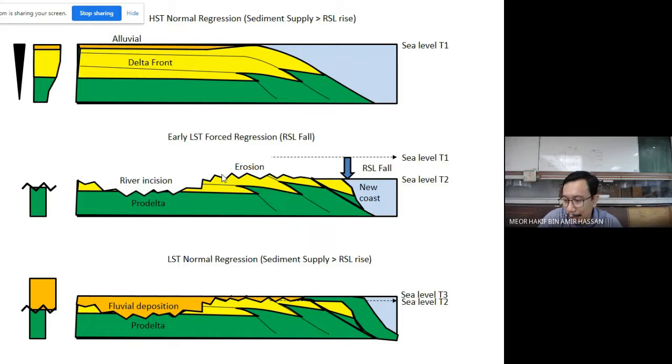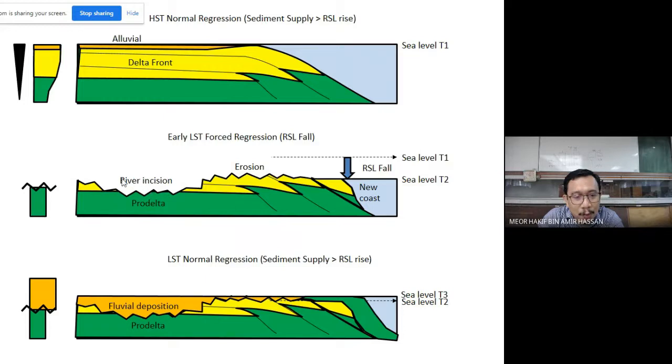So you'll notice in many cases, the upper part of the HST is most of the time missing in most preserved sequences. In some cases, the HST is completely missing because of deep erosion. Okay, we'll talk about that later on. So you get an erosion surface on land. In some places, the erosion is going to be very deep, and this usually happens when you have a river.